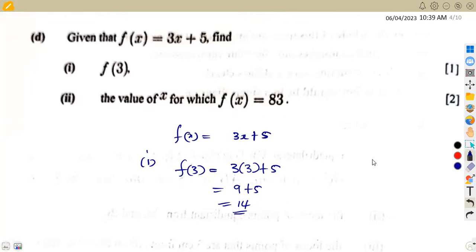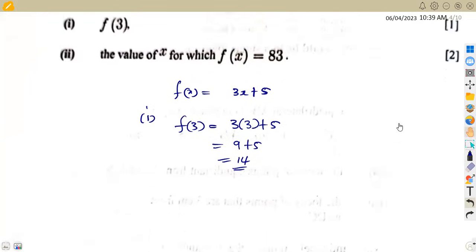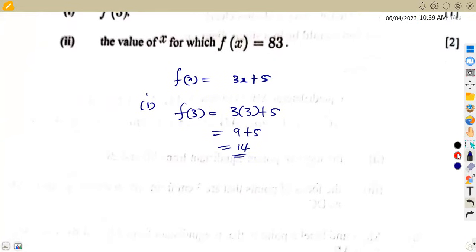Then they further say find the value of x for which this same f of x is equal to 83. Remember our f of x before was equal to 3x plus 5. Now they are saying it is equal to 83. So we are simply saying 3x plus 5 is equal to 83. So you have formulated an equation that you're supposed to solve for x.